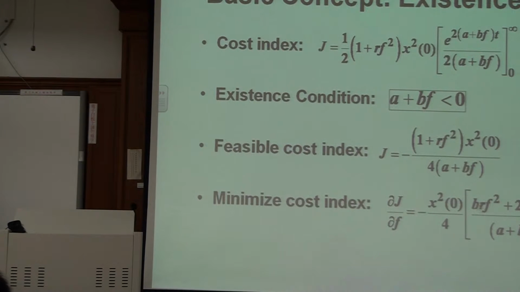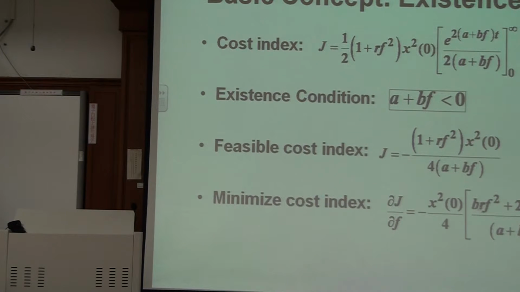You have to be careful. Because partial J, partial F equal to 0 implies BRF squared plus 2ARF minus B equal to 0.